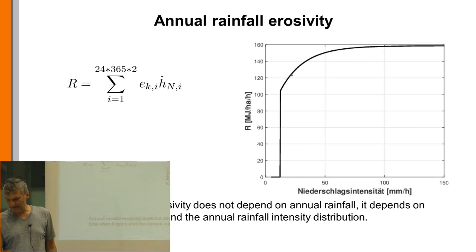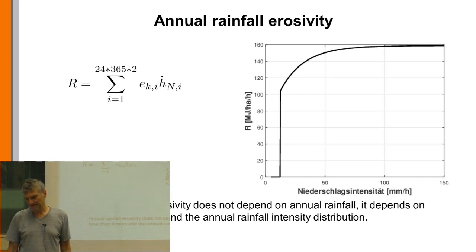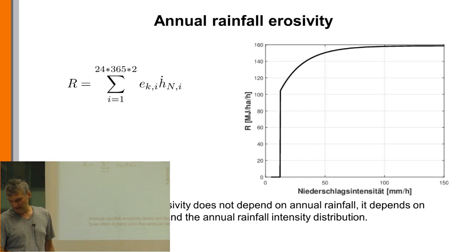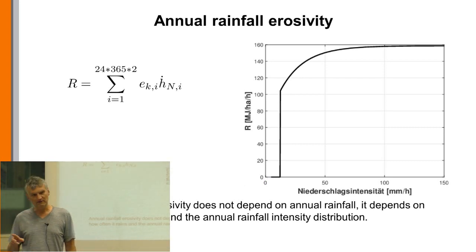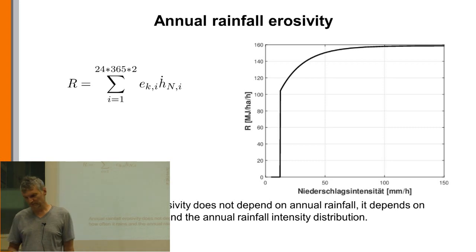Then we would have something like a rainfall factor of 125. And when we have rainfall events of only 5 millimeters per hour, then we are somewhere here, and we sum up over 100 rainfall events with only 5 millimeters per hour, then we would have no rainfall erosivity.